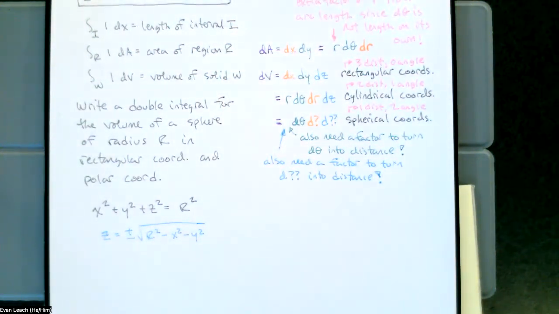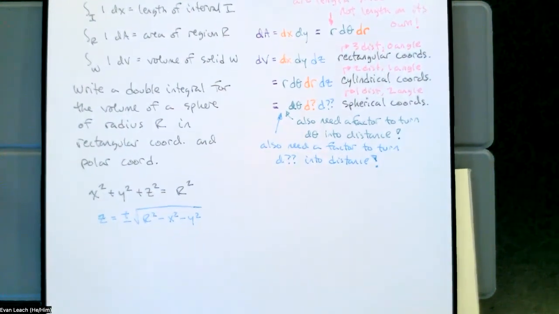So the top hemisphere is the plus square root, the bottom hemisphere is the minus square root. So our dz integral is going to go from the minus square root to the plus square root. That's the bottom to the top.